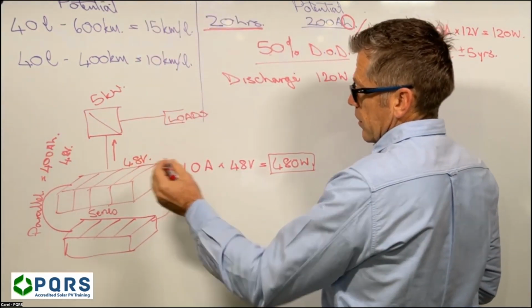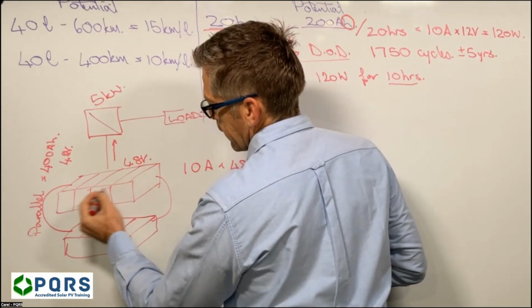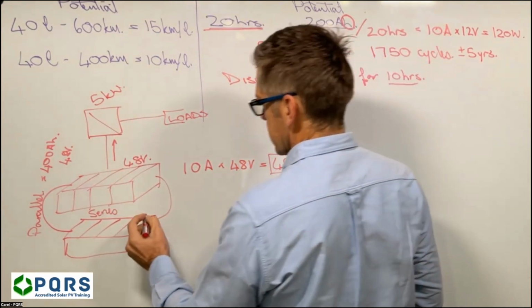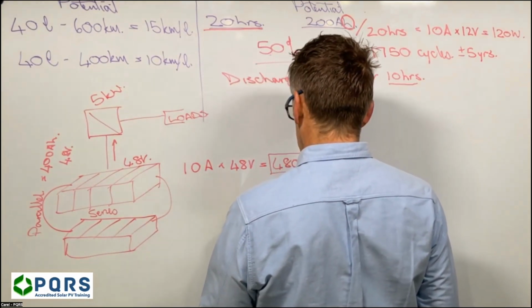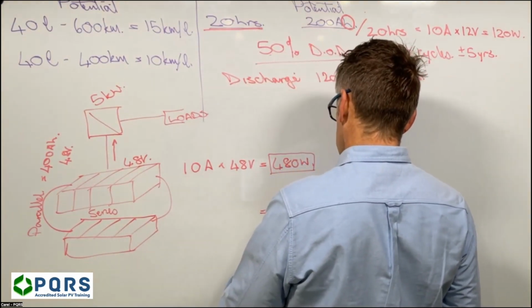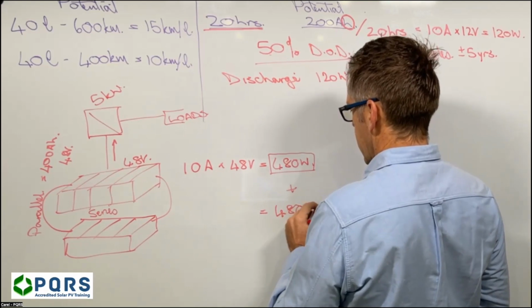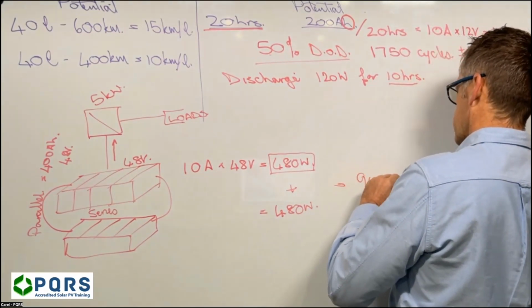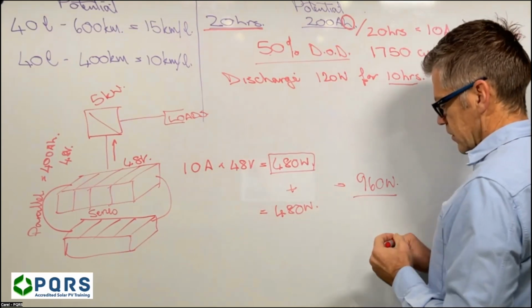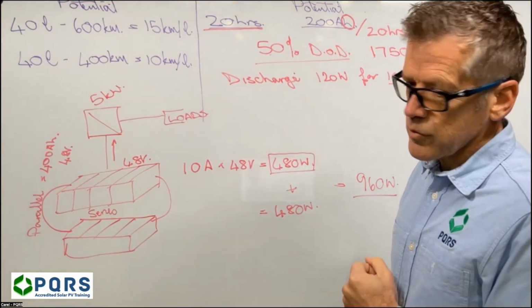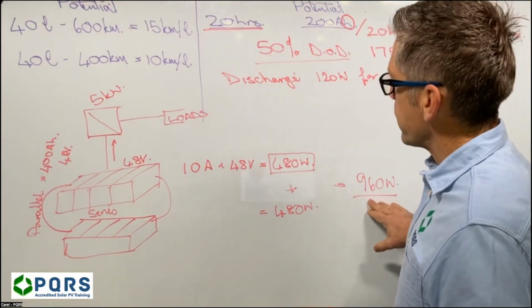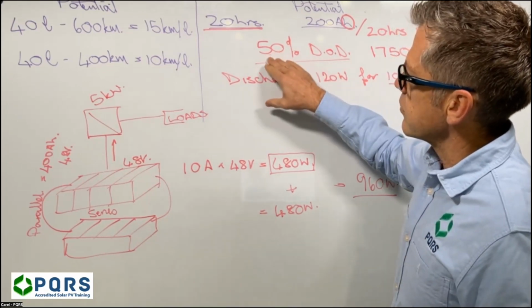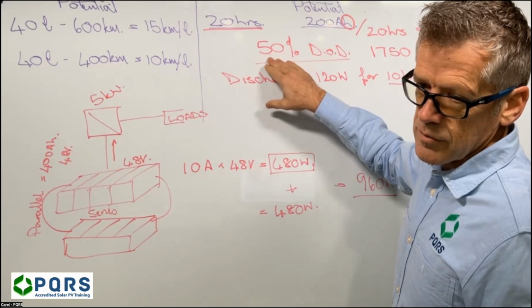So now we can discharge that bank at a rate of 480 watts, and we can discharge this bank at a rate of 480 watts. So that can be added, and that gives us a rate of 960 watts. So now we can discharge at a rate of almost 1 kilowatt for a period of 10 hours until we reach 50% depth of discharge.